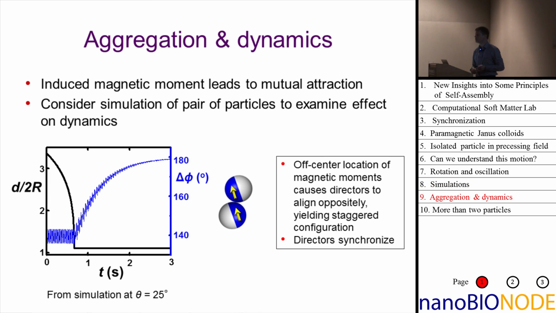So let's start just with two particles. Two particles that are moving around just as you saw in that movie, but now in a simulation. And it looks exactly the same as in those experimental movies. But now the particles carry these magnetic moments, which are overwhelmingly, but not completely, oriented parallel to the equatorial plane of the Janus particles. So these yellow arrows. And over time, particles that are a little bit separated will attract each other because the magnetic moments attract.